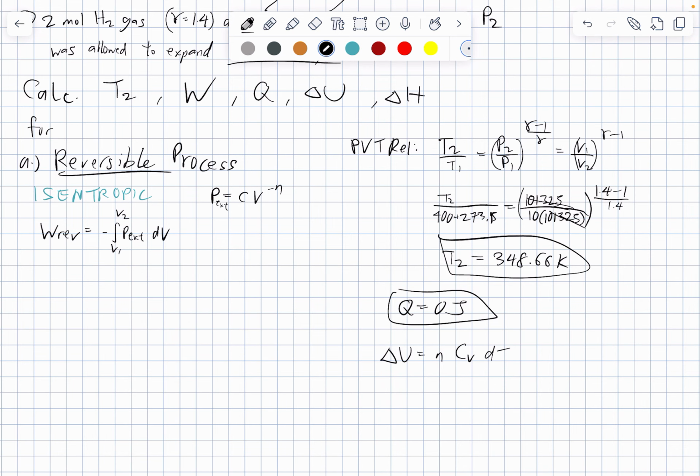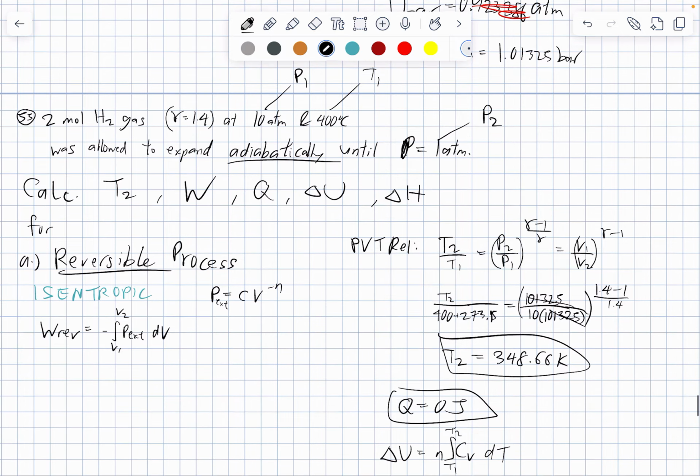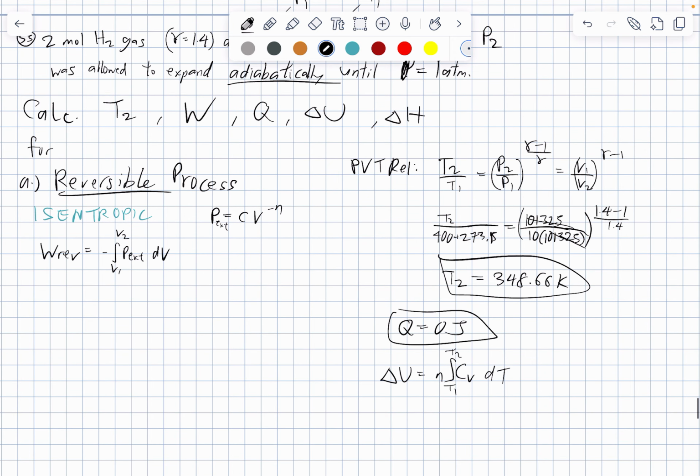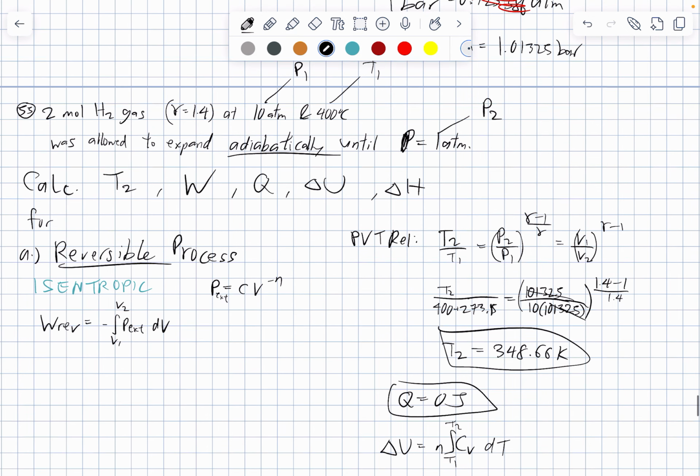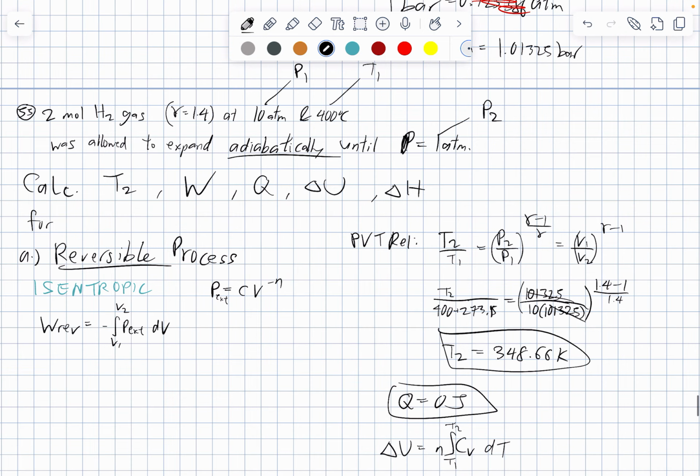n CV dT. Two moles. What is our CV? What is 1.4 in 7 over 5? This is diatomic, yeah. Ideal diatomic gas.